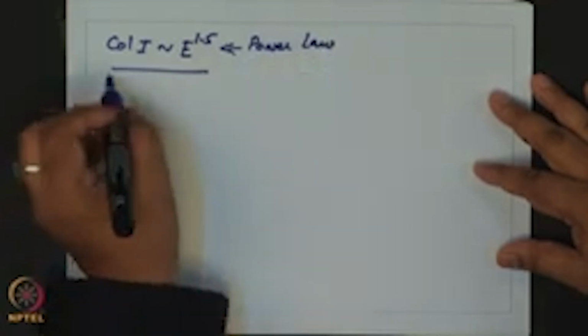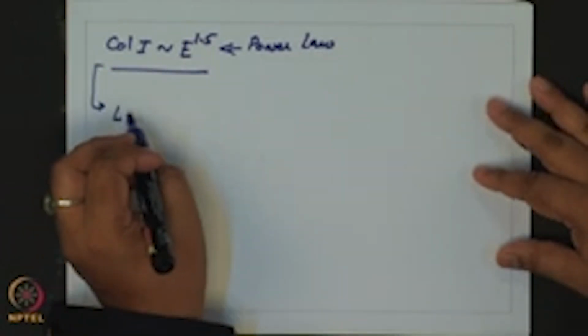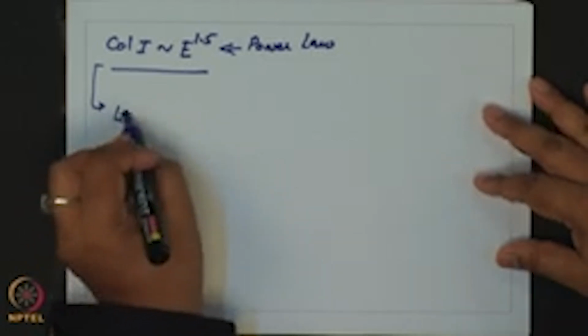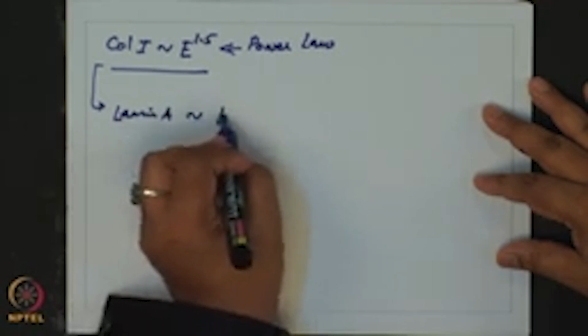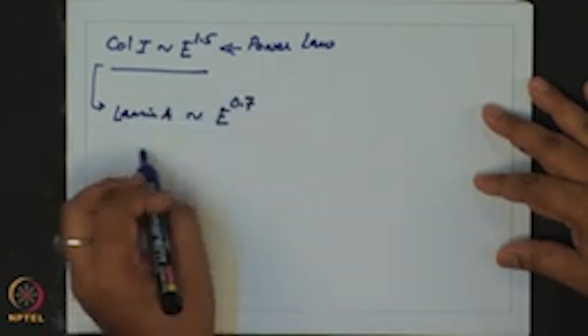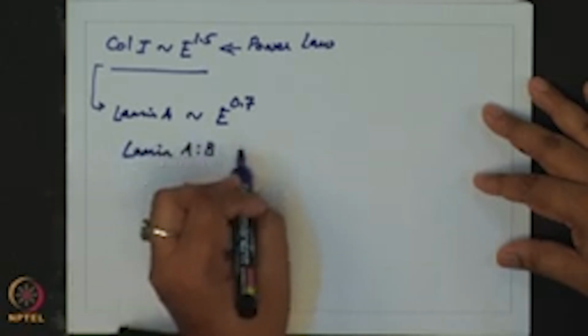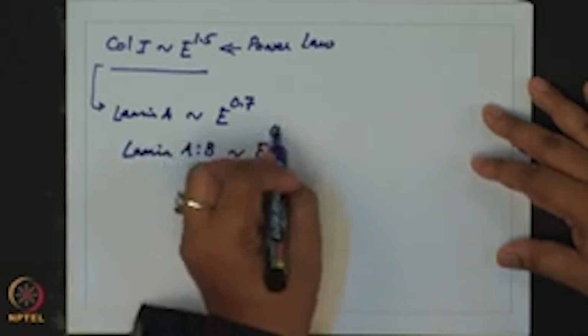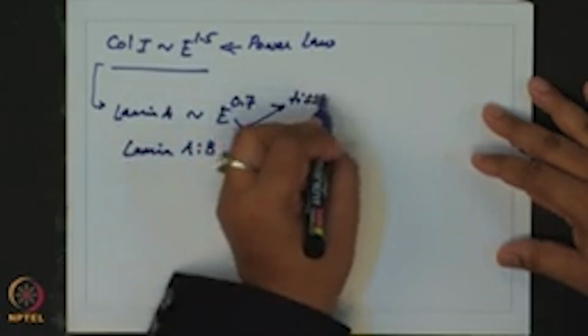Similarly, Lamin A scales as E to the power 0.7 and the Lamin A to B ratio scales as E to the power 0.6. Here, E corresponds to tissue microelasticity.